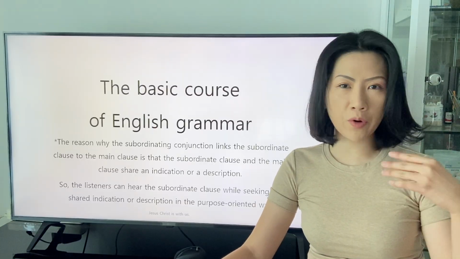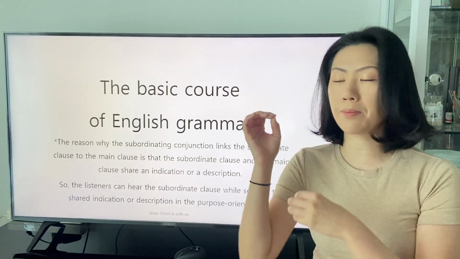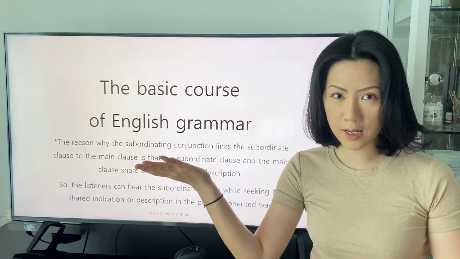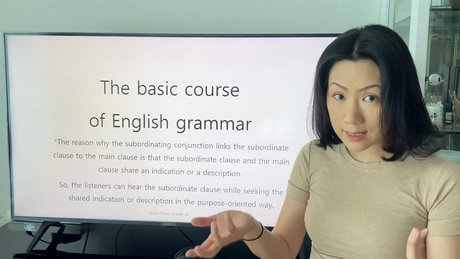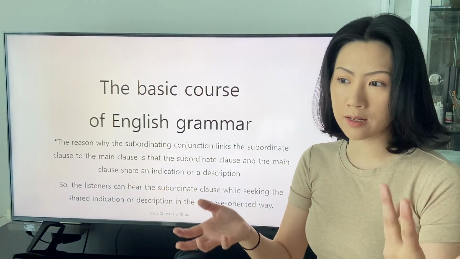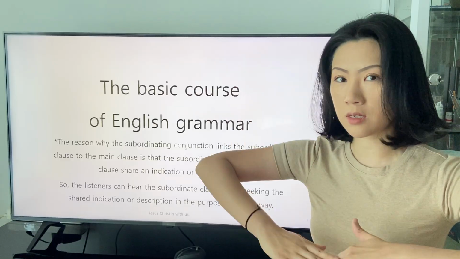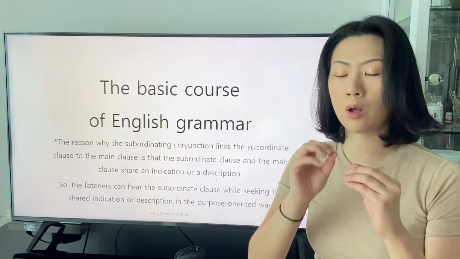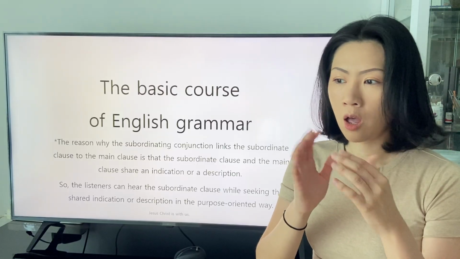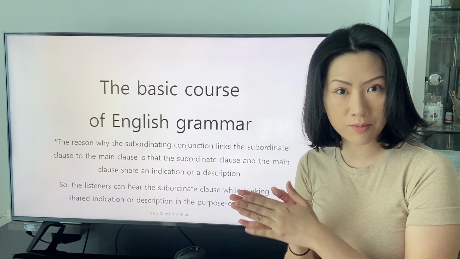We can think of the reason why the subordinate clause is linked to the main clause fundamentally. The reason is that the subordinate clause and the main clause share an expression which is either an indication or a description.